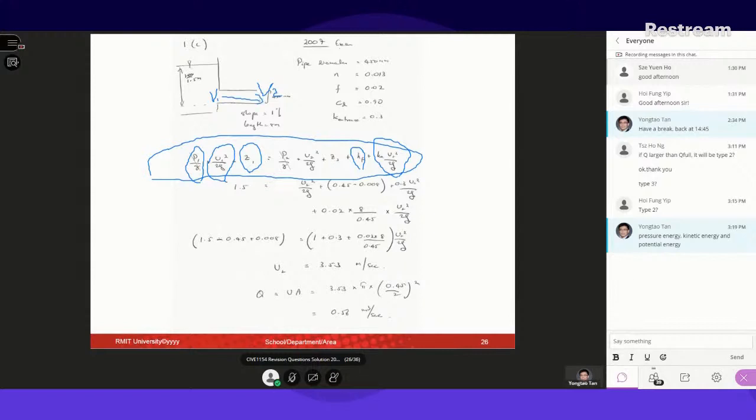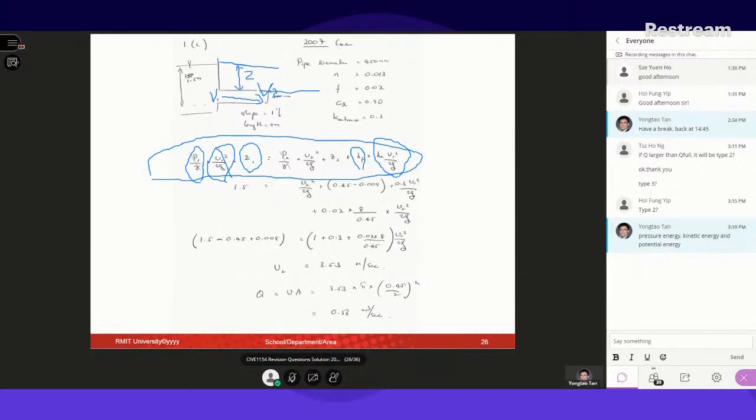Since P1 and P2 are equal, we can delete them. So you can see that now only Z1, Z2 and the energy loss are left. So you can see very easily the head change, meaning the water level difference between the water in the basin and the water surface at the exit. For example, if the water surface is here at the exit, the head change is this one.